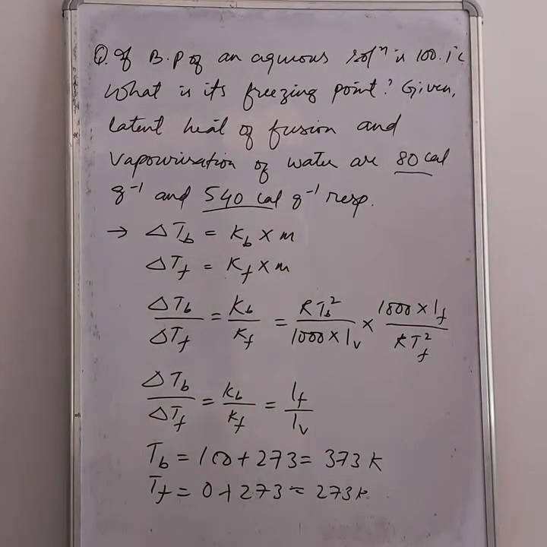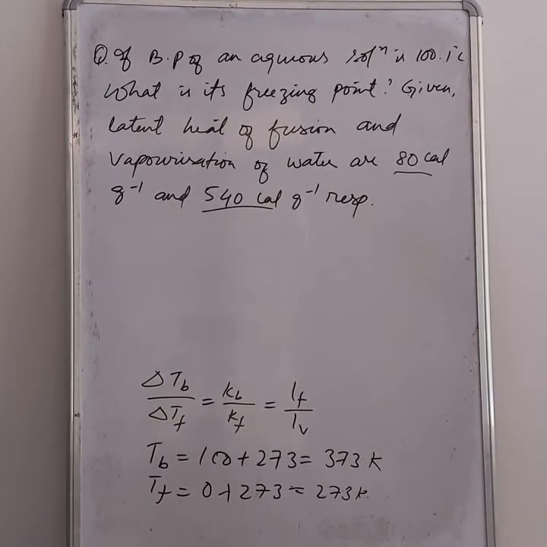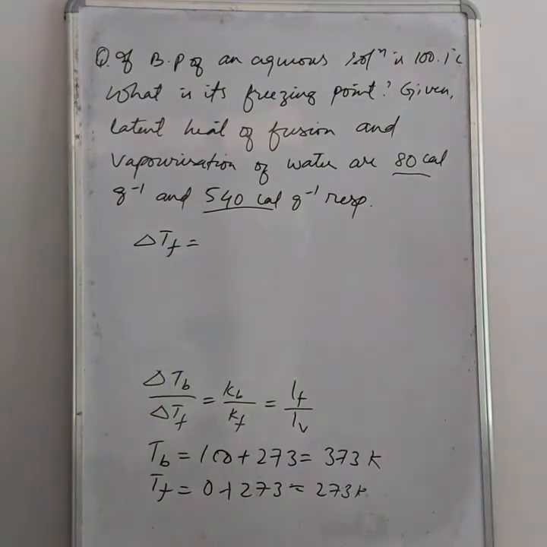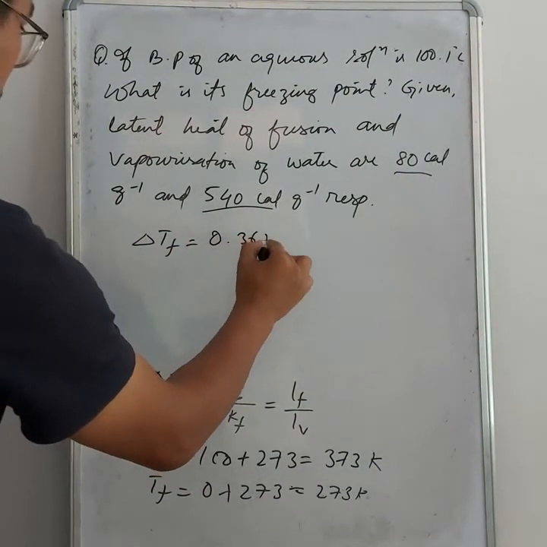You just plug in those values, then you'll end up with delta Tf equal to 0.362.